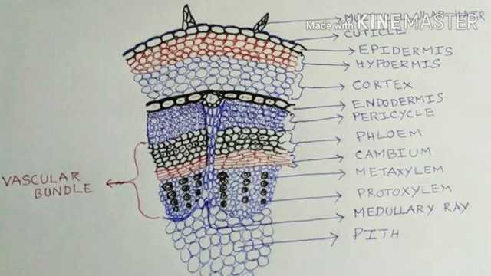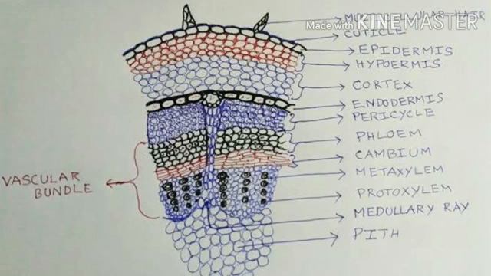The cells in the hypodermis are collenchymatous, meaning they will provide support to the stem. Then after that, there is a general cortex, reduced to 1 to 2 layers, and here the cells are thin walled parenchymatous cells.